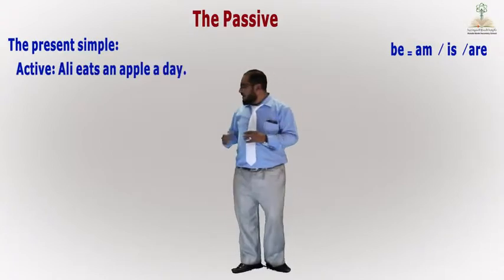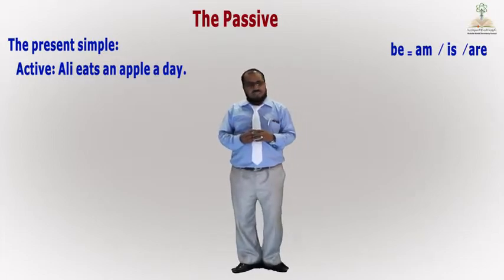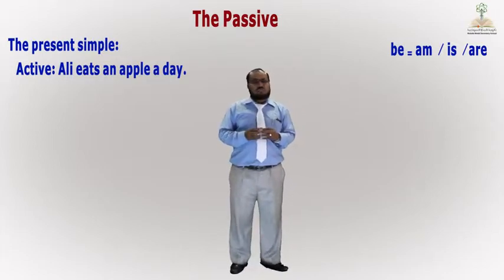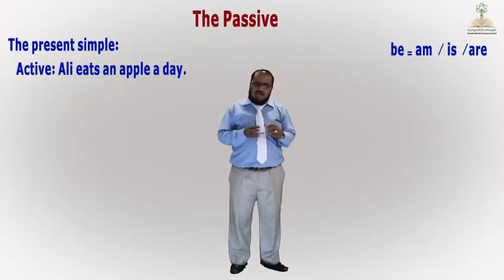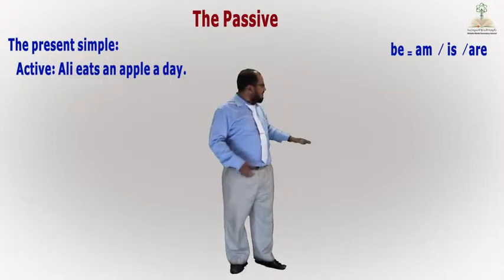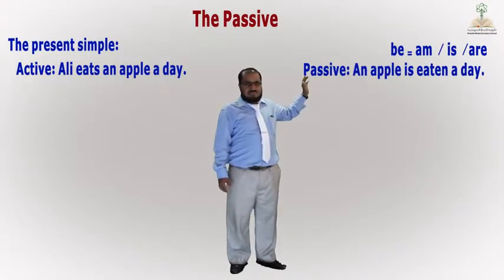Examples. Active: Ali eats an apple a day. Change this into passive. Where is the object? The object usually follows the main verb. An apple. So it will be: an apple is eaten a day.